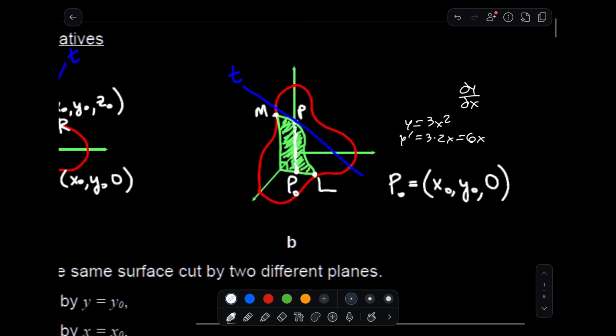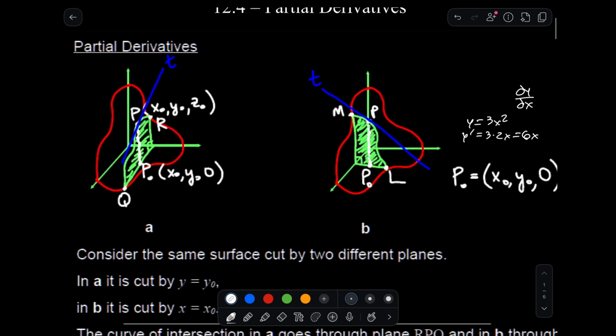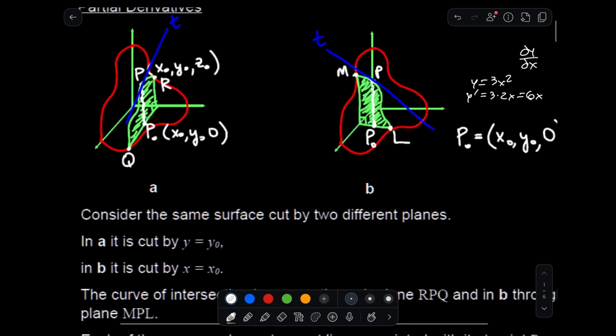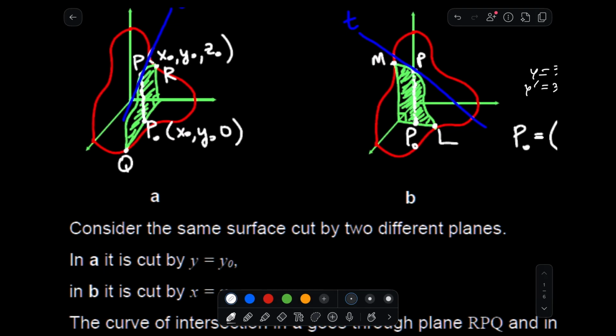Part of this idea will be shown with this visualization right here. We're cutting the same surface, but in two different planes, and we have our point P naught right here. We're slicing it across a different plane, and planes we've covered in one of our earlier sections.